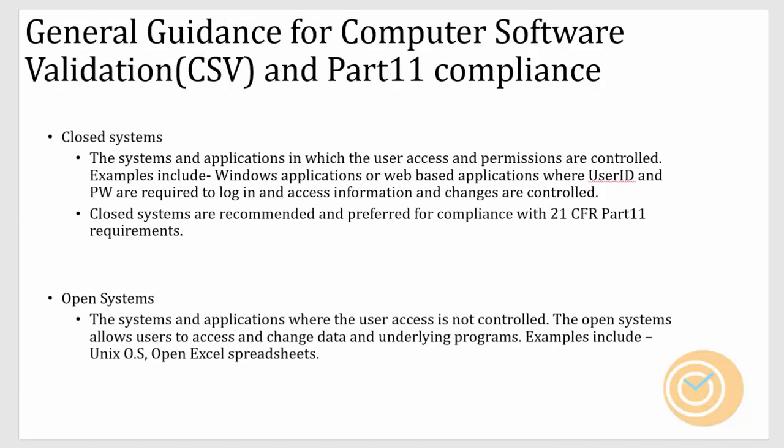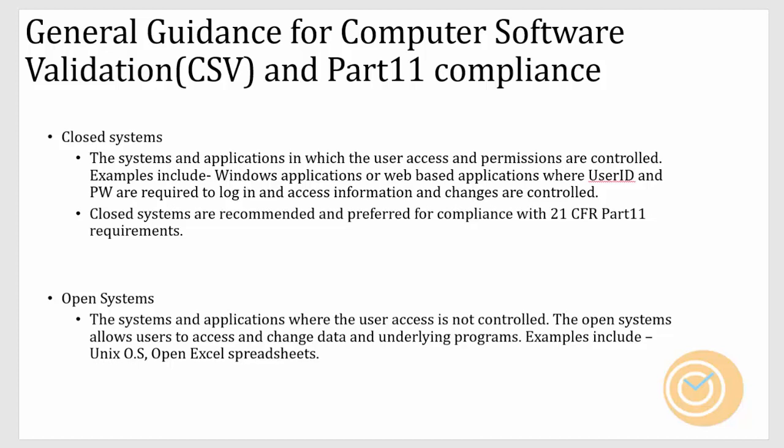So there are two types of systems. One is closed systems and another is open systems. But we would recommend going with the closed systems since it's easier to comply with the Part 11 requirements. Again, the definition of closed system: the systems and the applications in which user access and permissions are controlled. Examples include Windows applications or web-based applications. Mostly the applications where you would need a user ID and password to log into the system and access the information.